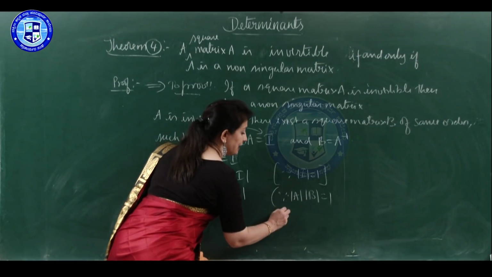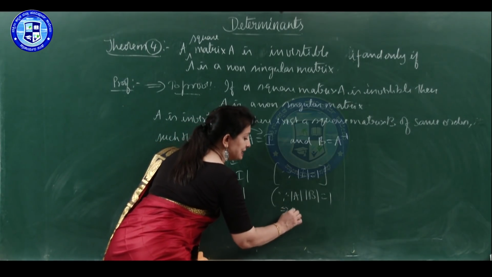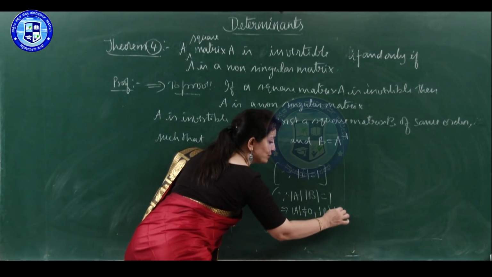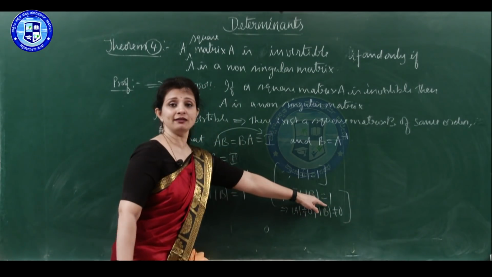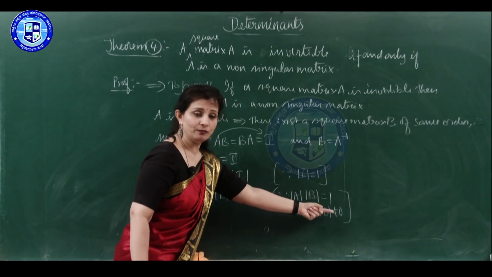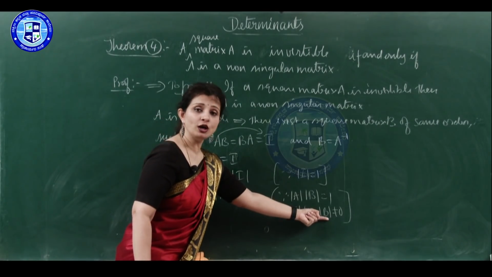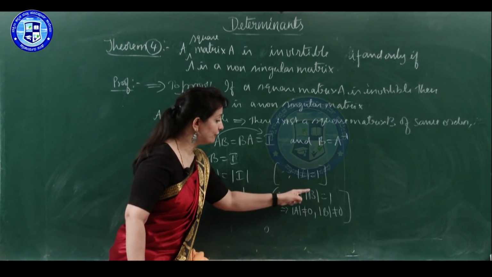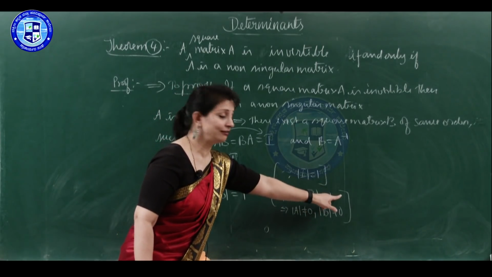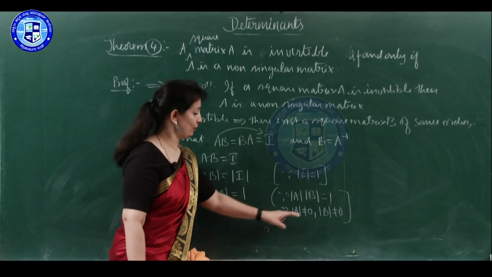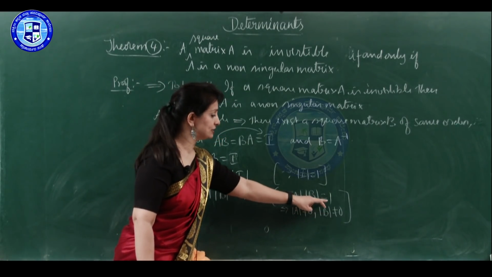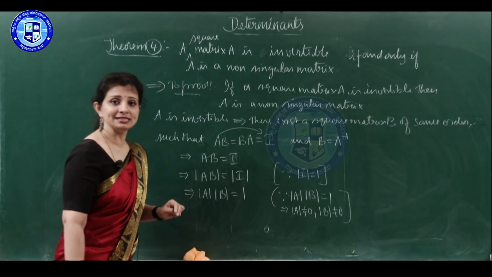So, we can say, therefore, that determinant A is not equal to 0, determinant B is also not equal to 0. Why? Because if either determinant A or determinant B is 0, then the product of determinant A into determinant B can never be 1, it might be 0. So, since both the determinants are non-zero, we can get the product is equal to 1.